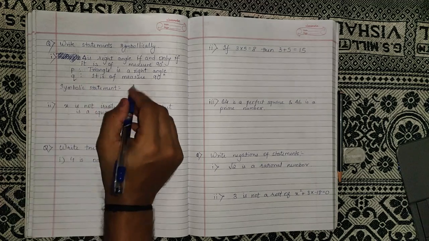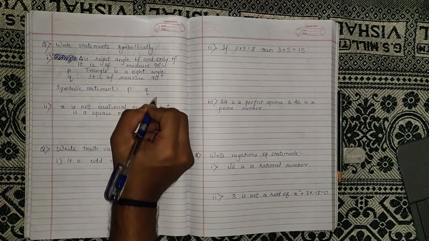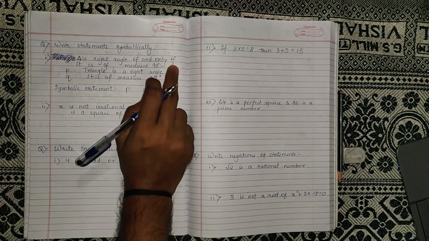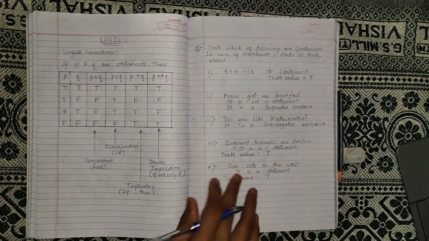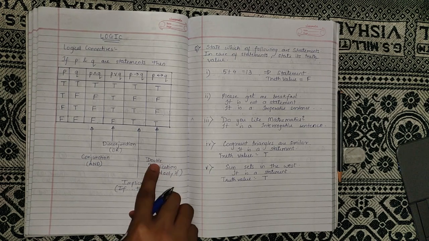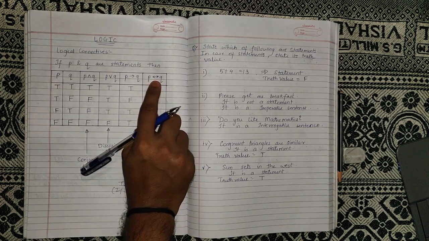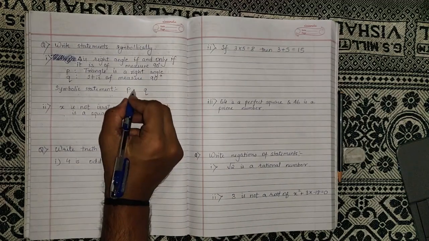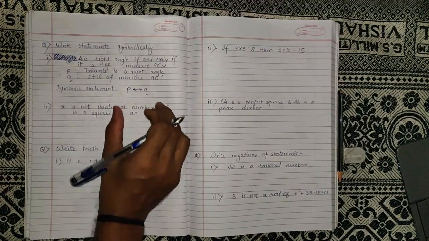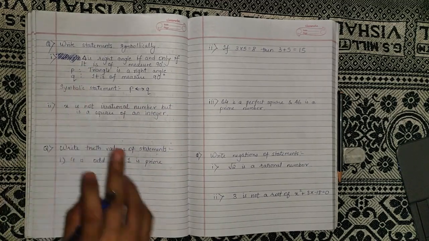We have two statements P and Q, but in the question it is using if and only if. If you remember, if and only if is a double implication. In double implication we use a two-headed arrow, so here we are using this sign. So this is the symbolic statement for this question.